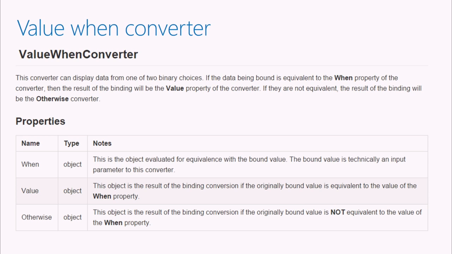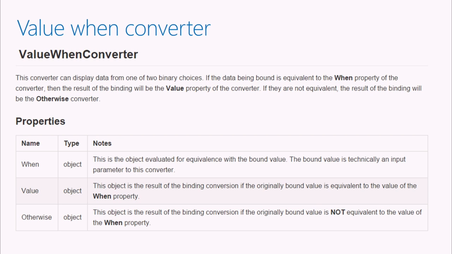In this case, I would say when true, then the value is Visibility.Visible. Otherwise, when it's not true, it's going to be Collapsed. There are some really clever things going on here, because we're using some of the type inference that's available in XAML to understand that true is a Boolean value and Visible comes from Visibility.